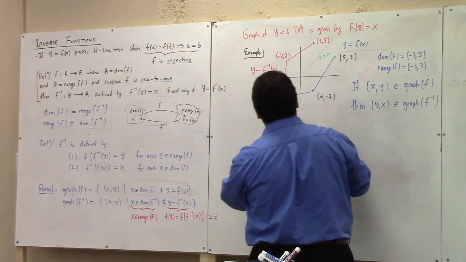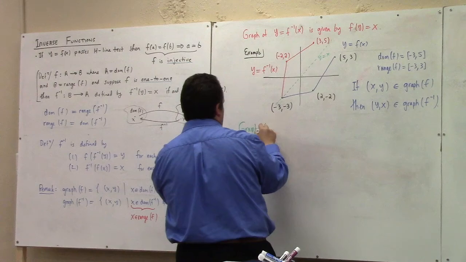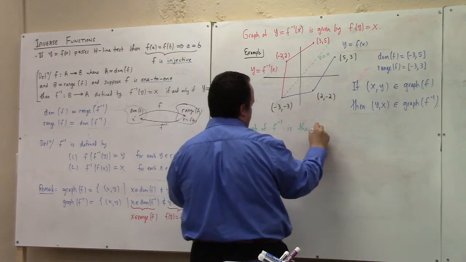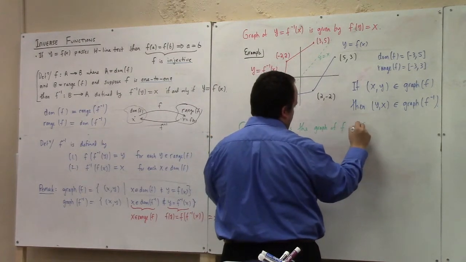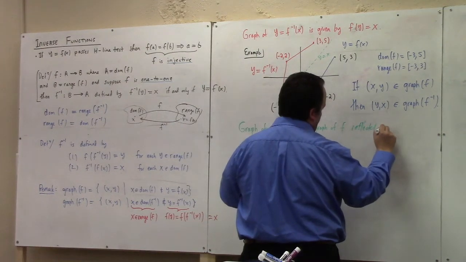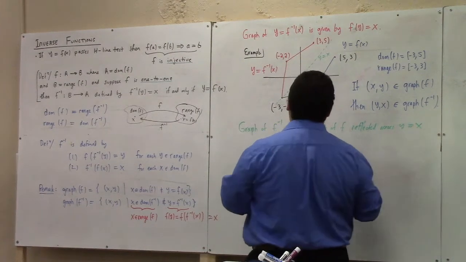So you can see that the graph of f inverse is the graph of f reflected across y equals x.